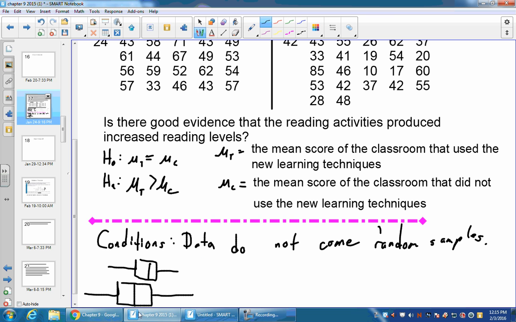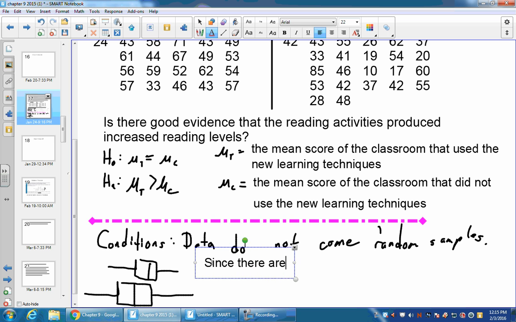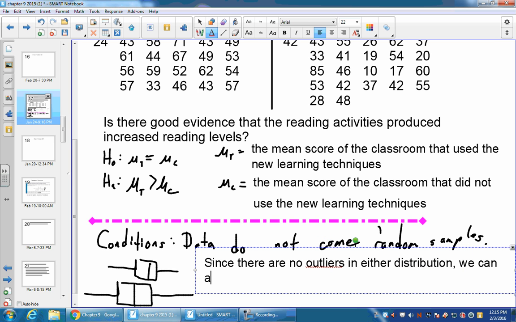And then I'd say something. Since there are no outliers in either distribution, we can assume sampling distributions are approximately normal.